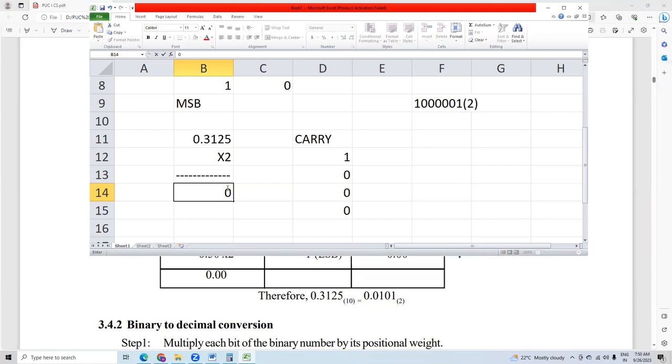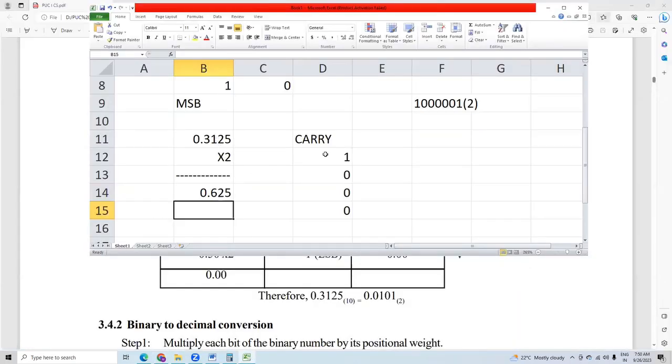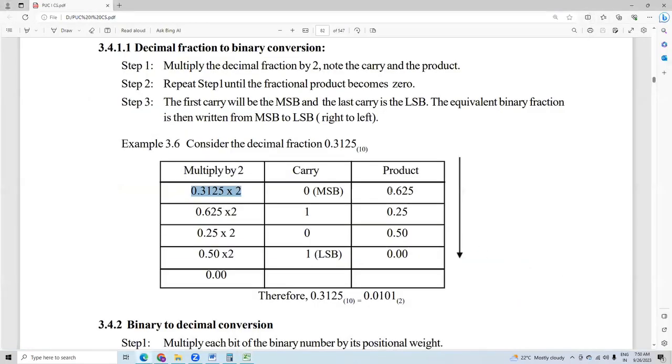After that, 2 2s are 4 plus 1, 5. No carry. After that, 2 1s are 2, carry is 0. 2 3s are 6, no carry. Then the point, then 0. So we got the product 0.625, and here we got 0111.